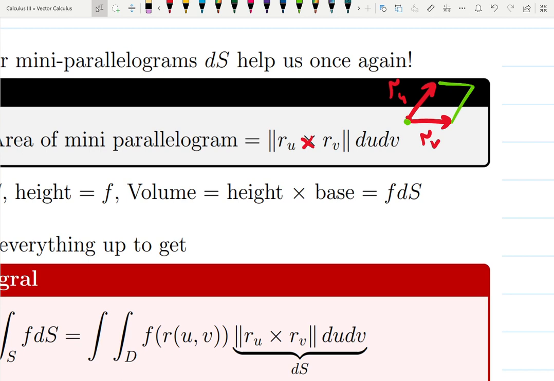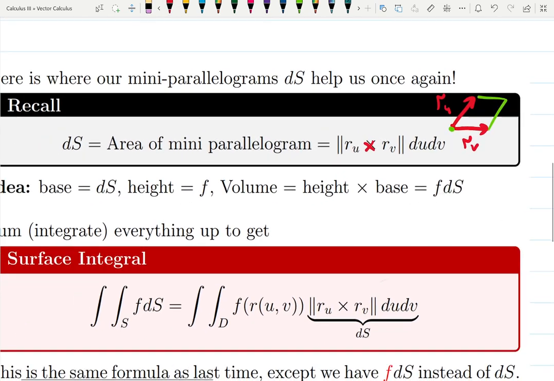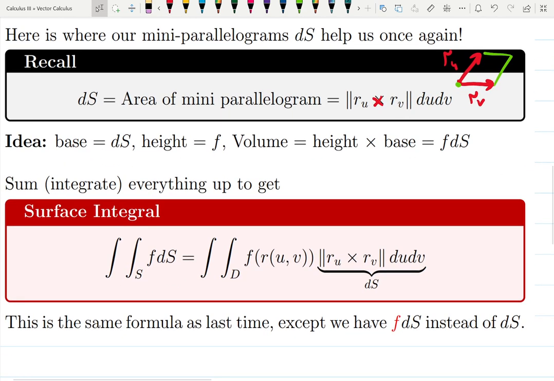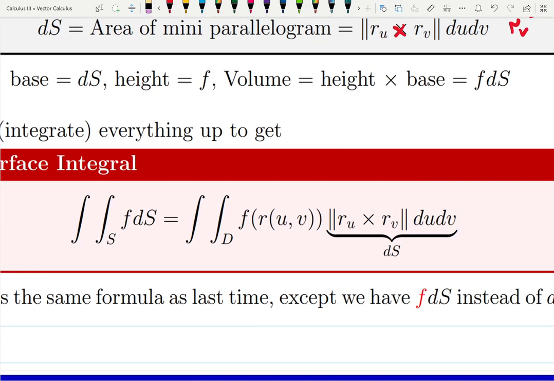Height times the base, where F is the height and the base is dS, all those tiny mini parallelograms, the smaller the better. When you sum them, you integrate. Remember, those are Riemann sums, and you sum them twice, because we're summing 2-dimensional objects, and that gives you double integrals, with F inside and dS outside.